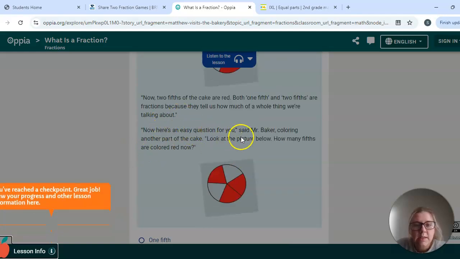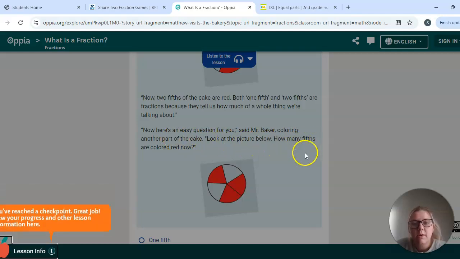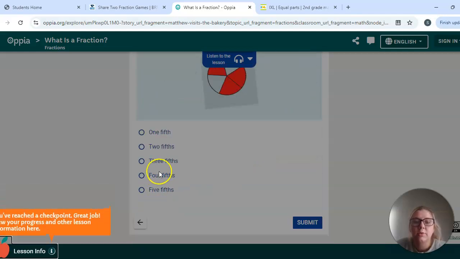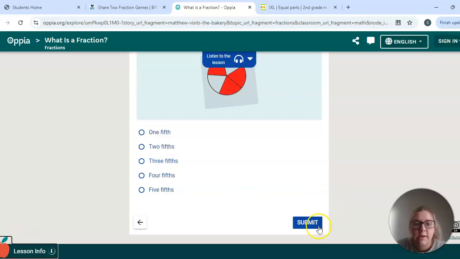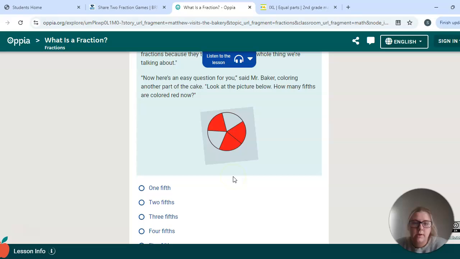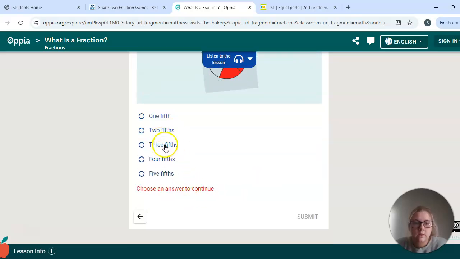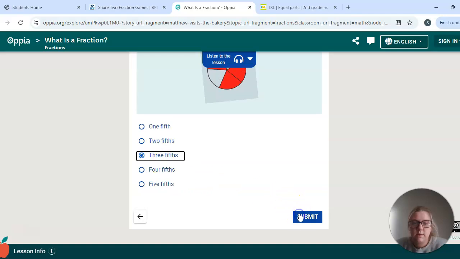Now here's an easy question for you, said Mr. Baker, coloring another part of the cake. Look at the picture below. How many fifths are colored red now? We're going to say 3/5. We're going to get it correct this time. Maybe our next, we will get it wrong to see what happens.